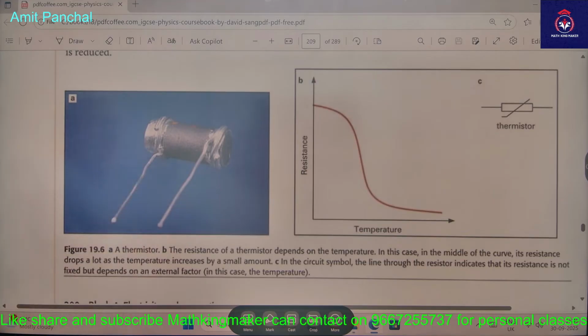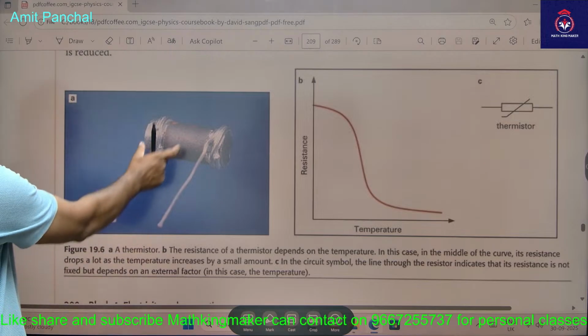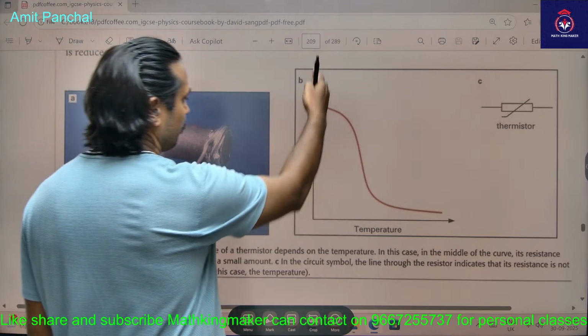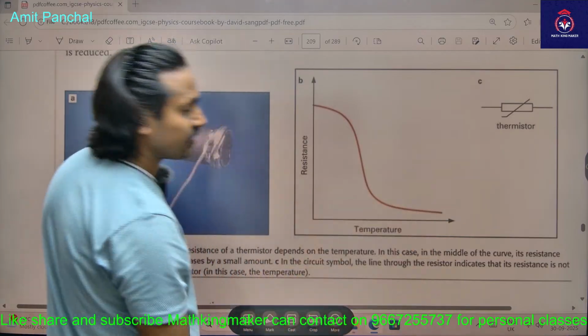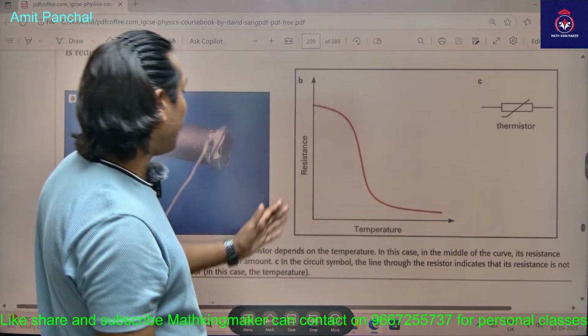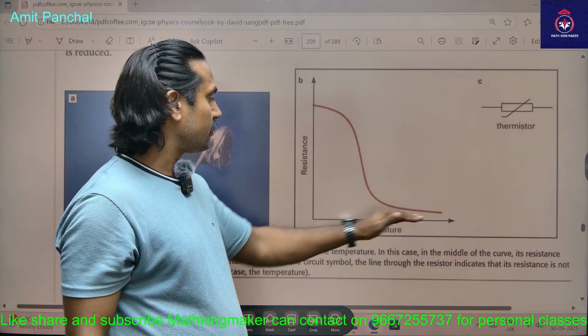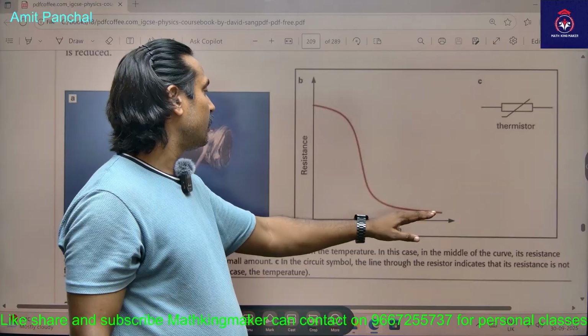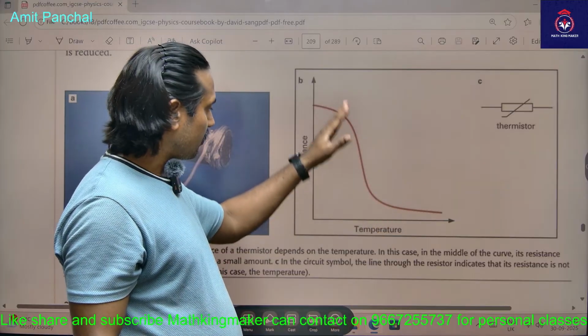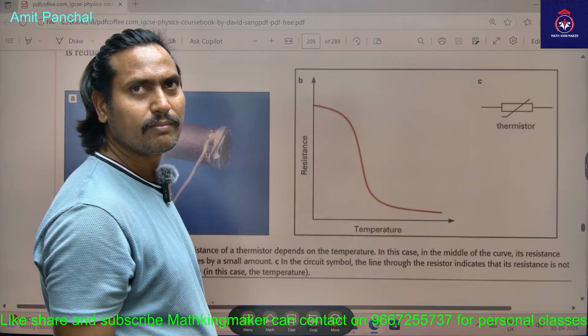So this is just a visual display of a thermistor. That is a thermistor, and that is its electrical phenomena. As the temperature is rising, its resistance is decreasing, isn't it?